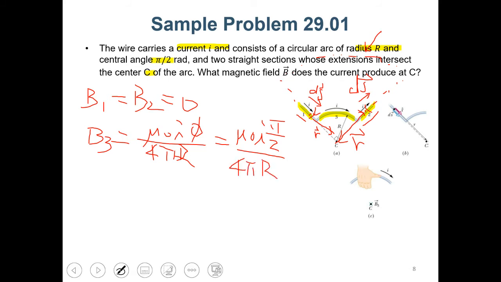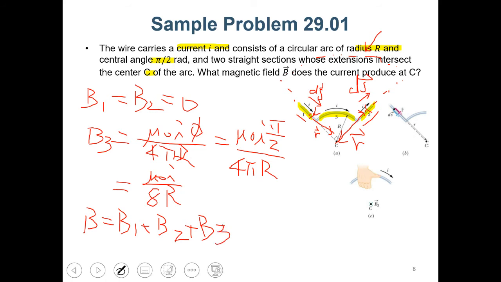So pi and pi cancel, and the remaining is mu0 I over 8R, which means that the total B is B1 plus B2 plus B3, which will be mu0 I over 8R.